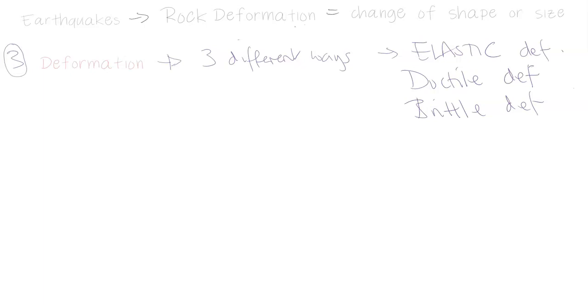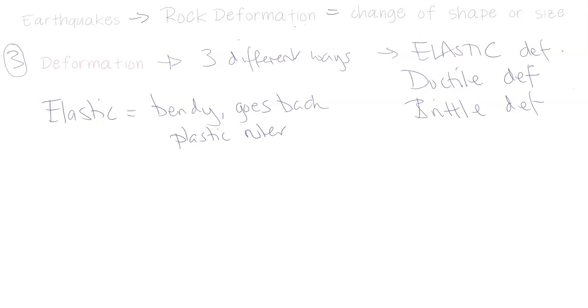So now, what is elastic? Okay, so it's bendy. You can basically move it and it goes back to its original position, shape, and size. Goes back once you bend it. So think of a plastic ruler in the classroom.